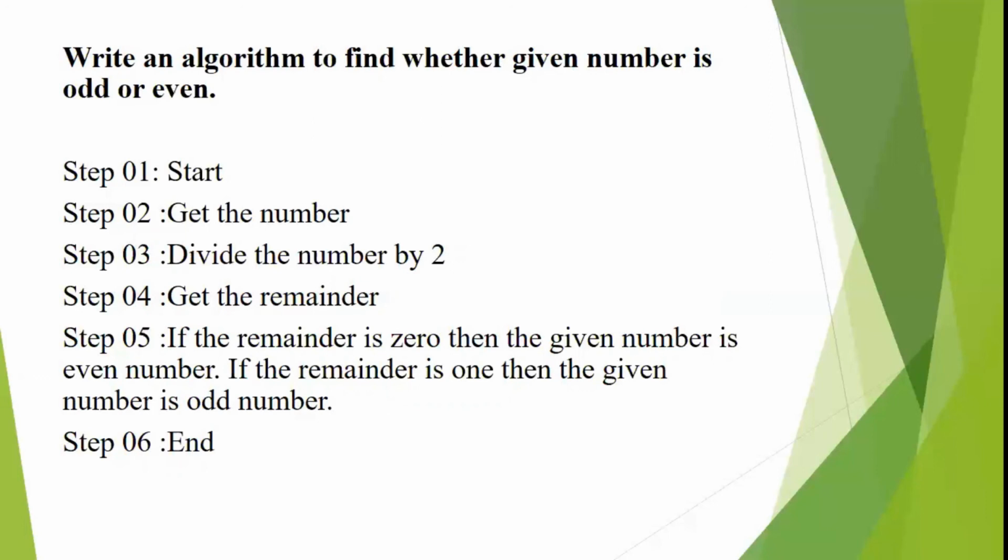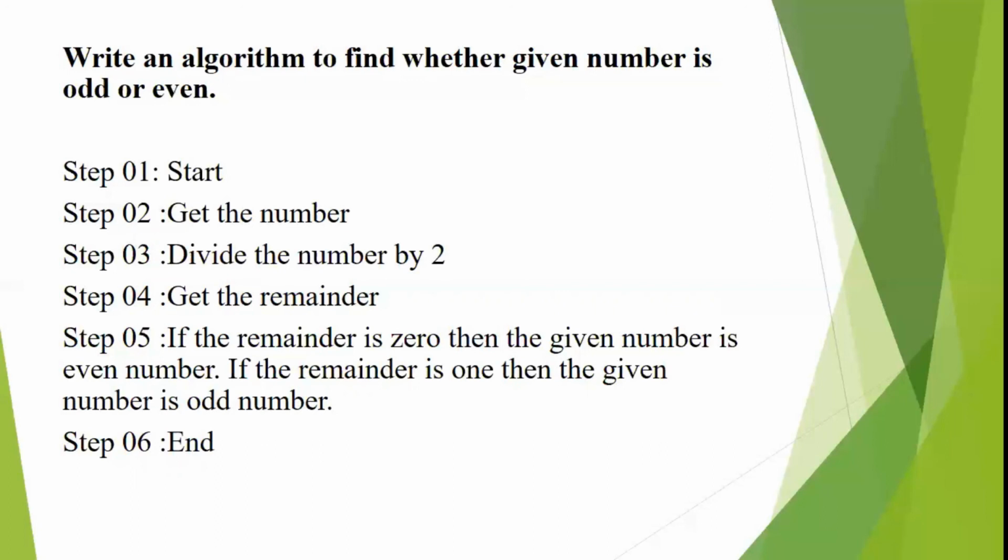So similar thing. Can you tell me an algorithm to find whether a given number is a multiple of 5? Right? How to get it? So step 1, start. Step 2, get the number. So we'll think the number as 15. Step 3, divide the number by 5. Now you are going to find multiples of 5. So you have to divide that particular number with 5.